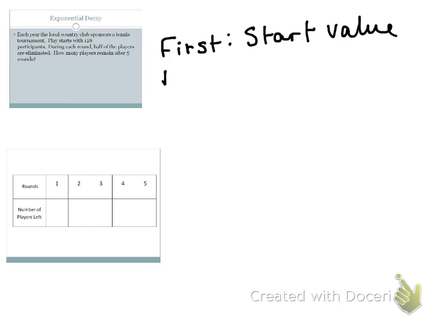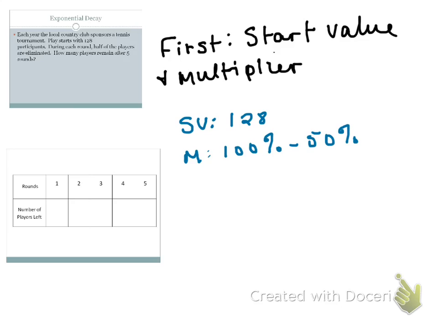So again, just like with growth, we need to first identify our start value and our multiplier. For this one, we start with 128 players, so that's our start value. Our multiplier, instead of adding, you're seeing what you're taking away, what you're decreasing. So you have 100% minus 50%. The reason you're doing this is you want to find out how much you're actually keeping each time.